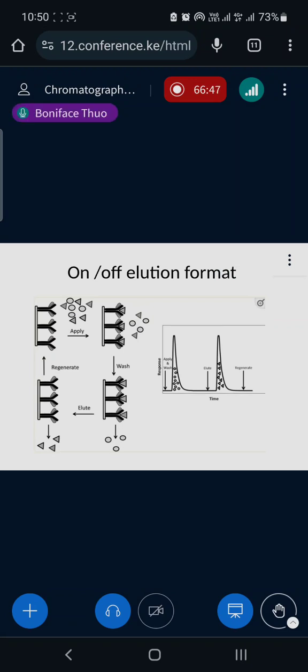Tomorrow we can have a physical class, and then we'll see how far we can go on chromatography applications, the details of how to apply the information gained from a chromatogram for real life use. So we end it there. We meet tomorrow. Have a good morning and a good afternoon.